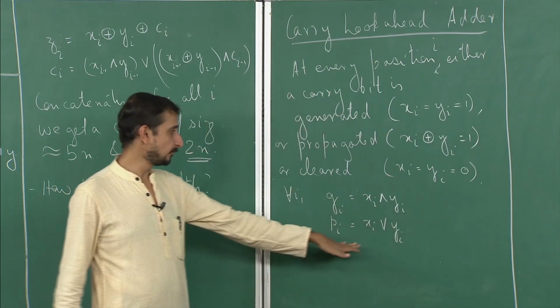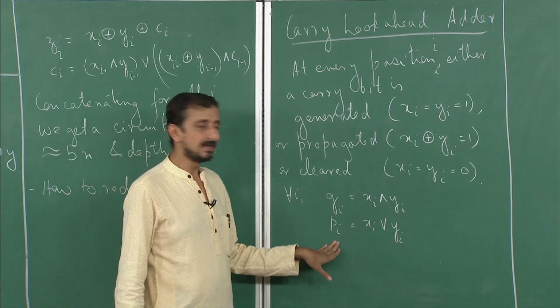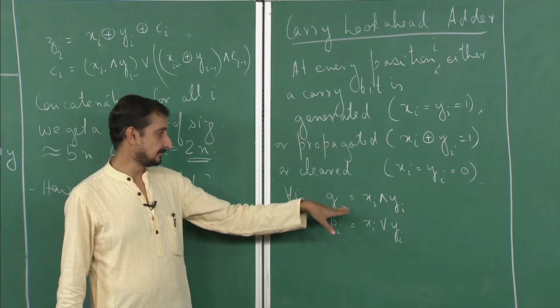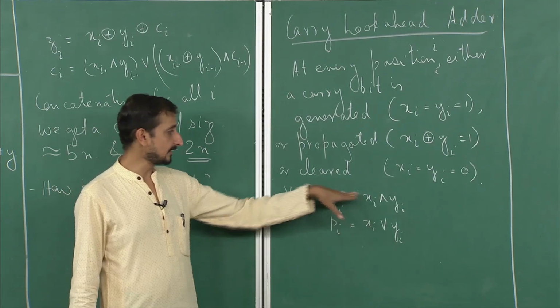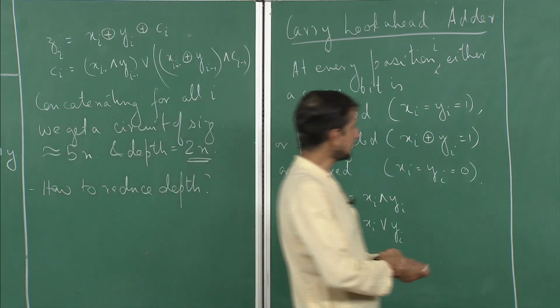The reason I am doing or is because, well, if one of them is a 1, then pi is equal to 1, and otherwise pi is equal to 0, and if both of them are 1, it is anyway being taken care of by the gi case. Okay.